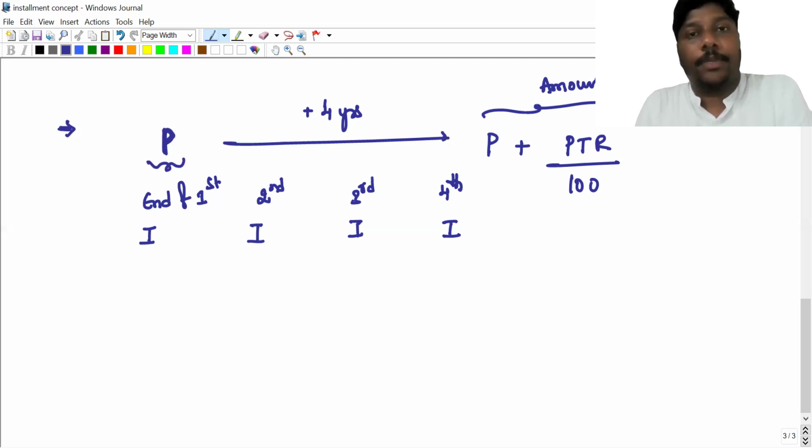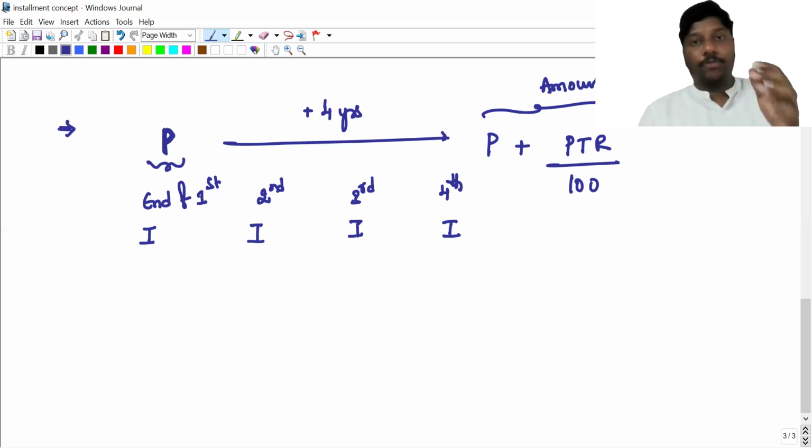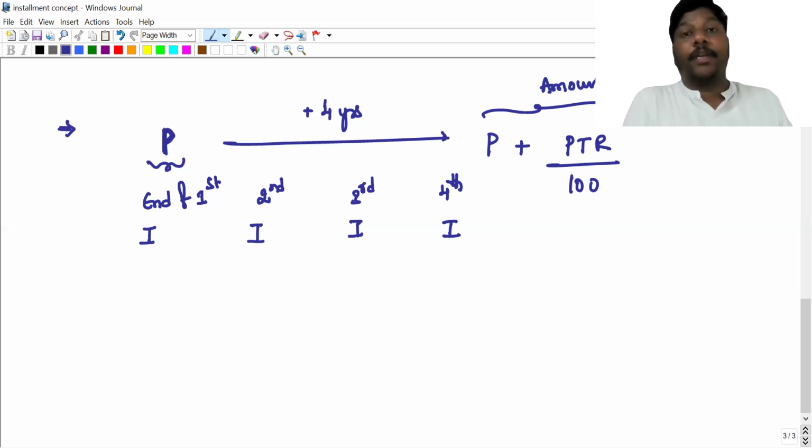In most cases in simple interest, when they say debt due in 4 years or debt due in 3 years, the meaning is that is the amount you need to pay. It is not the principal that you have taken. So you don't need to find out the amount separately.